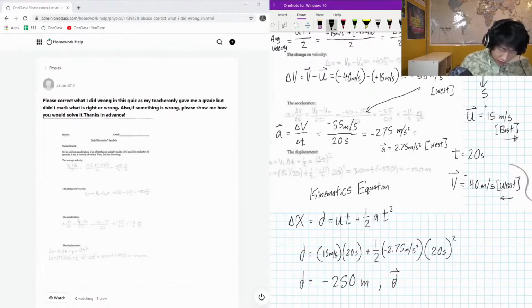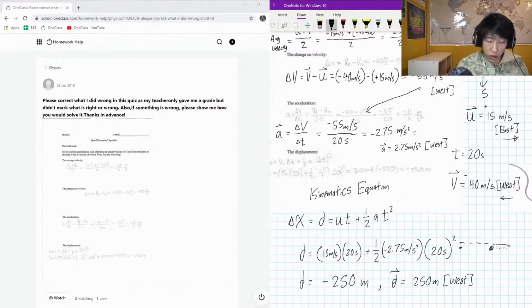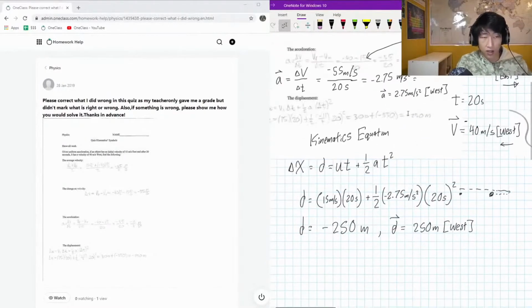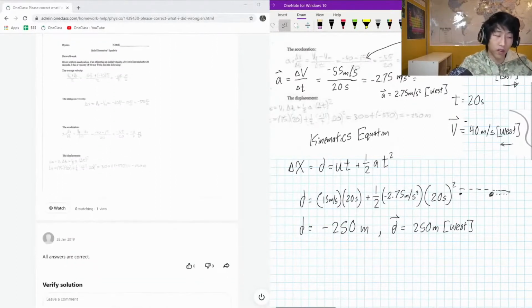Essentially, this means our final displacement is 250 meters west of where we started. If we started here, we were going like this, and then eventually our acceleration took over, and this is our end point right here. Kind of like we made a little U-turn, and that is our position. And we calculated the same thing here. That's awesome numerically, but we're looking for vectors here.